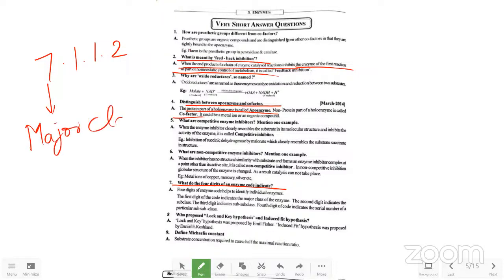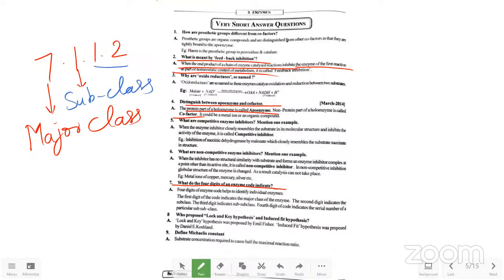The second digit indicates the subclass of the enzyme.